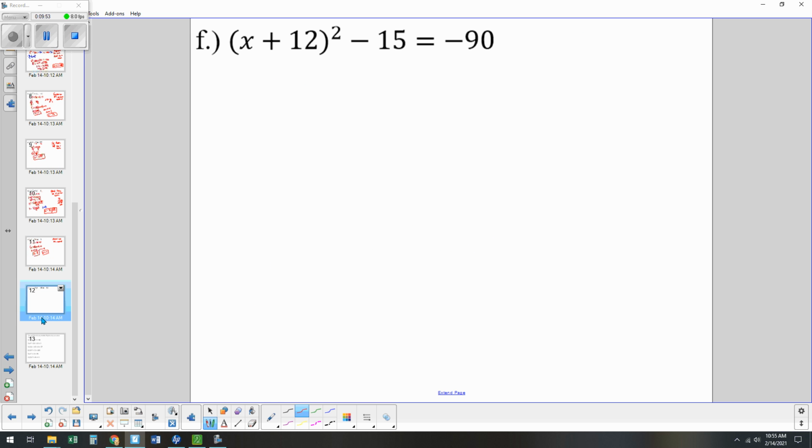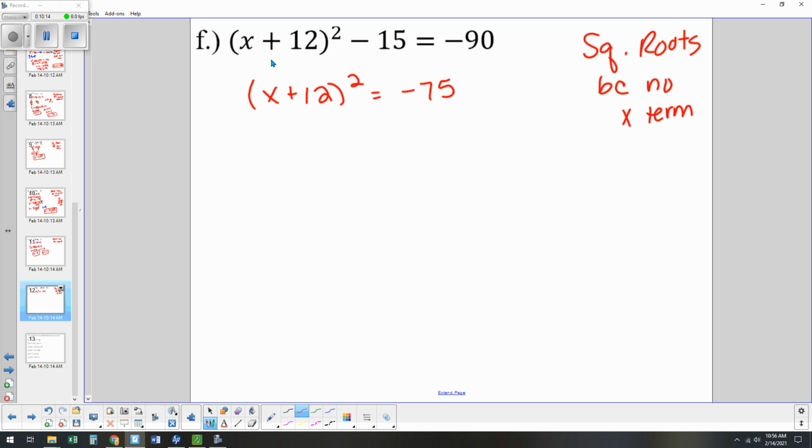The last one I'm going to look at here, I have a set of parentheses being squared and no other x terms, so this is going to be by square roots, because no x term. So I'm going to get this set of parentheses alone, so I'm going to add 15 first. I'm going to take the square root of both sides, so I'm left with x plus 12 equals plus or minus the square root of negative 75.